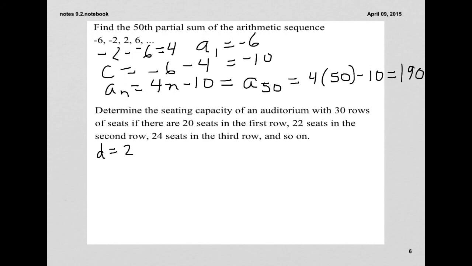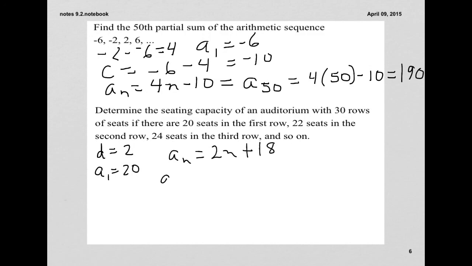We know our first term, a sub 1, is equal to 20, and then that's going to be a sub n equals 2n plus 20 minus 2, which is 18.